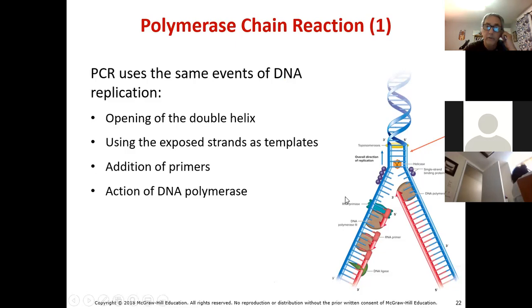So PCR uses the same events as DNA replication. If you're starting with the DNA instead of the message, you open the double helix, expose the strands, add primers, add a DNA polymerase, and you can synthesize it.